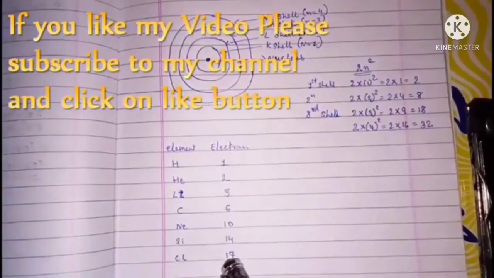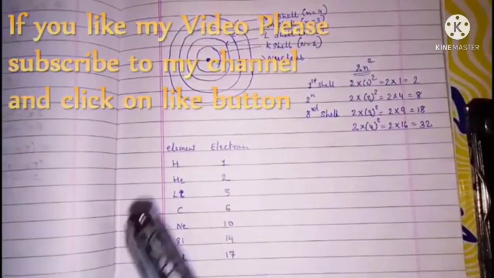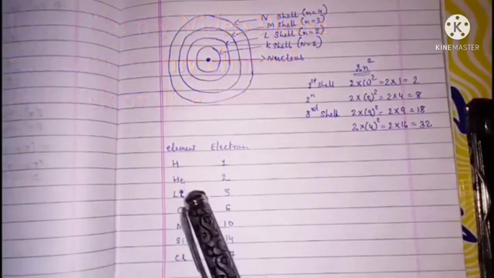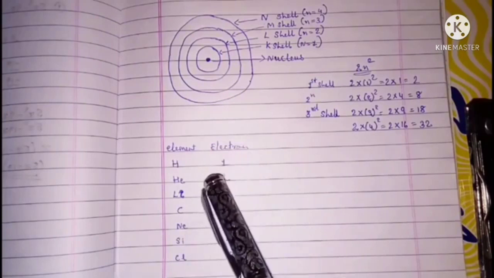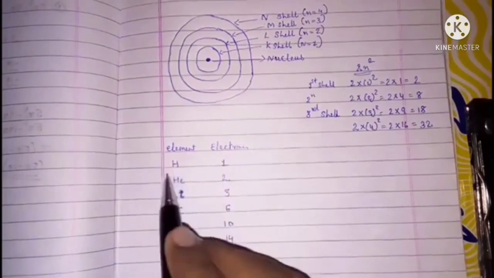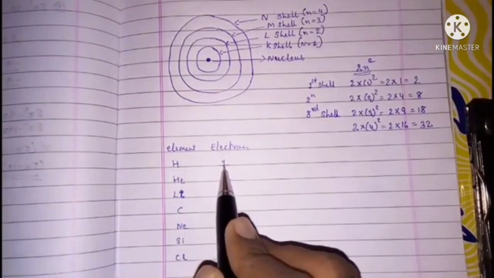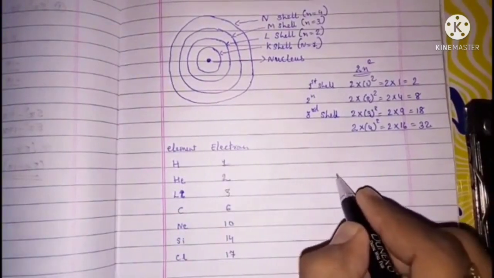Now here I took some elements for the explanation of Bohr's model. How many electrons? These electrons are decided based on the atomic number. Hydrogen's atomic number is 1 and the number of electrons in hydrogen is 1.